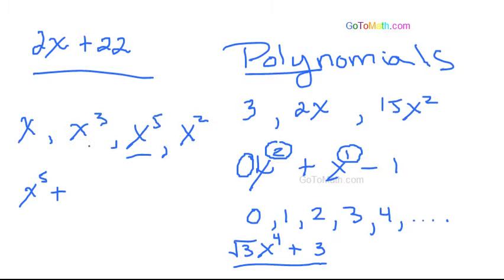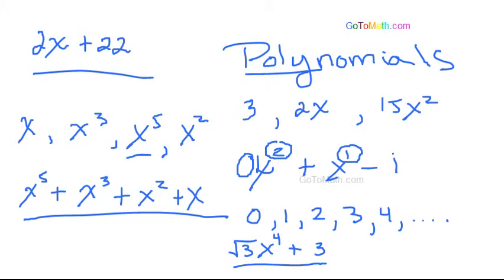And then the next one, which would be that one here, right? So we have x cubed plus x squared, and then plus x. So there's a polynomial expression right there. Okay, so nothing difficult about it.